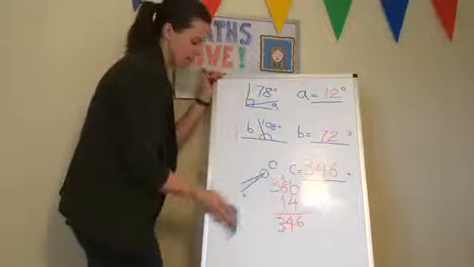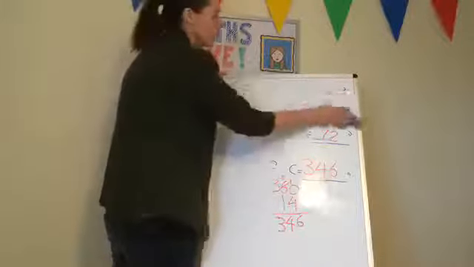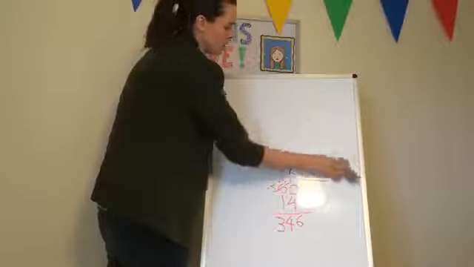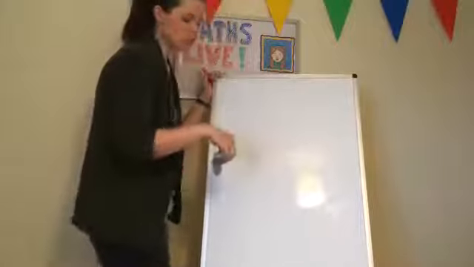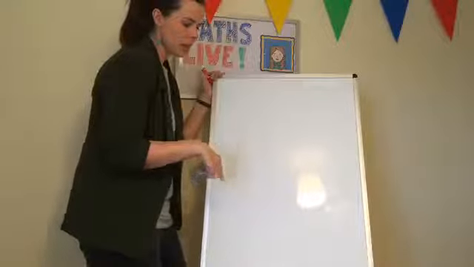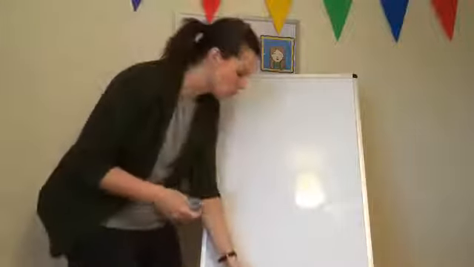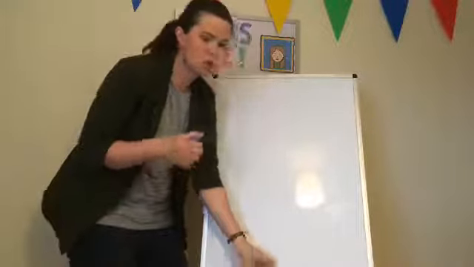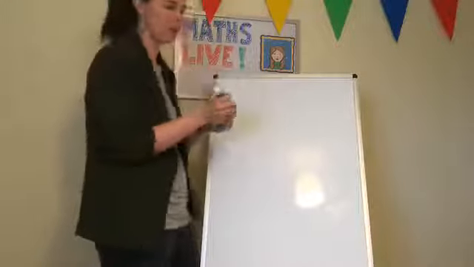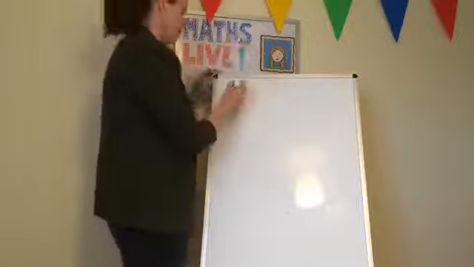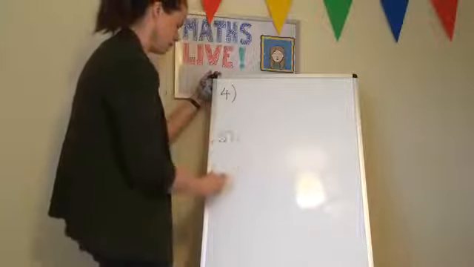Right, a bit trickier now, as I said. We are going to do this again this week. Because I think you've got this, I just want to challenge you. We're going to do a different angles topic tomorrow, and then we'll come back to this. Again, it looks a bit trickier, but as long as you know the rules of 90, 180, and 360, you'll be fine. So this is question 4, question 5, and question 6.